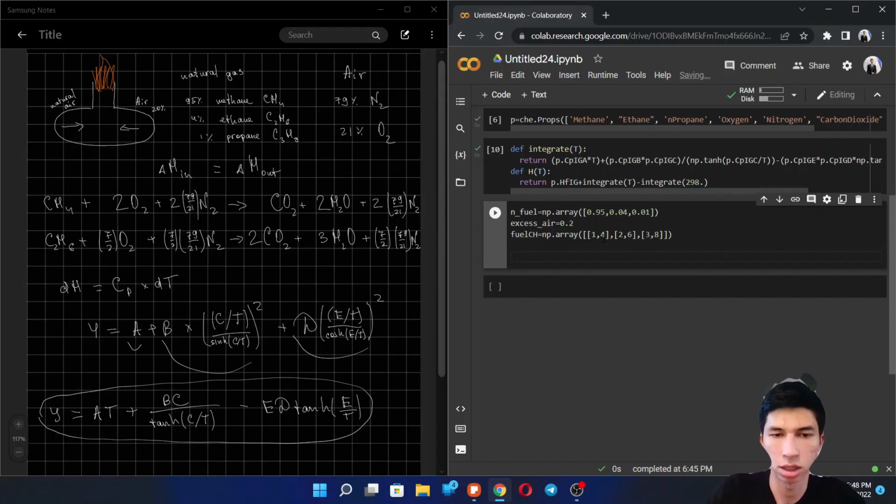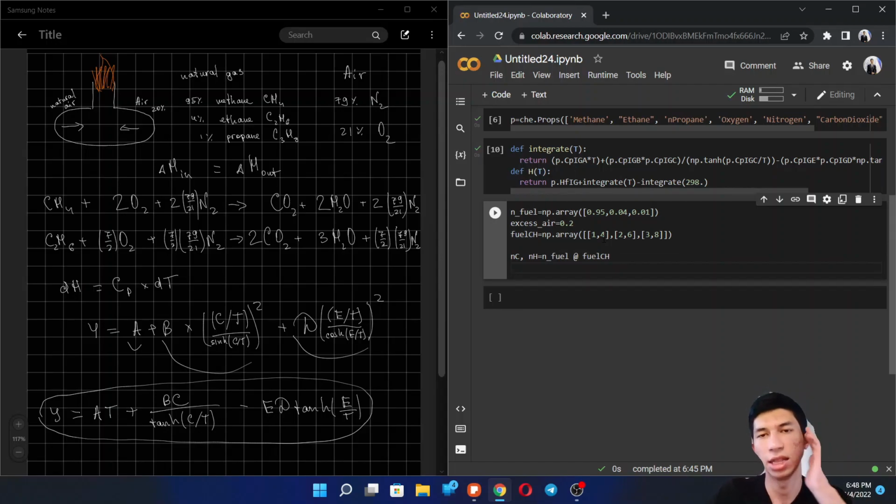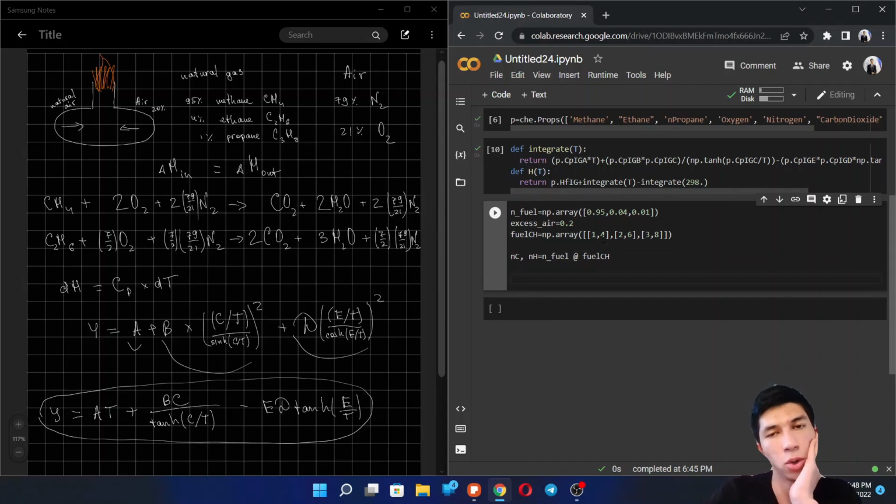So we can do the matrix multiplication with fuel CH, and make that equal to the moles of carbon and moles of hydrogen.